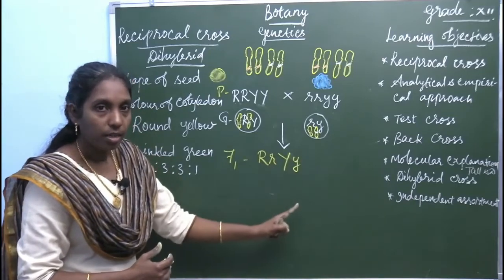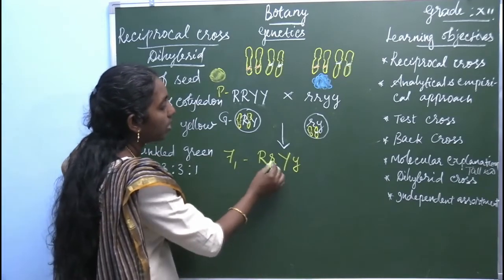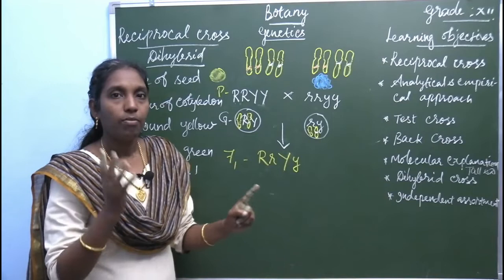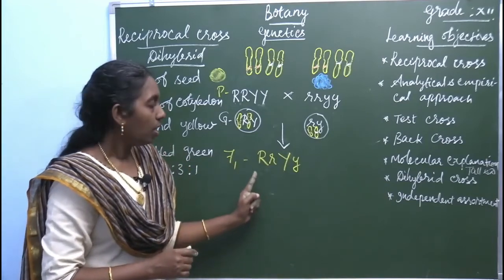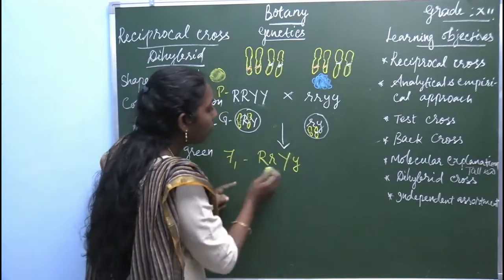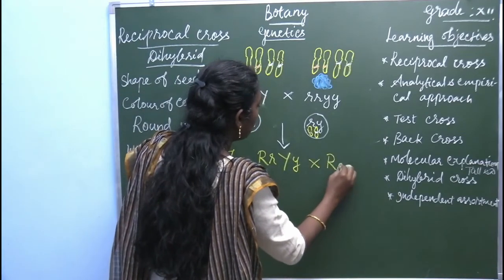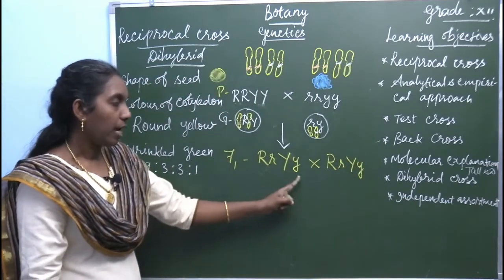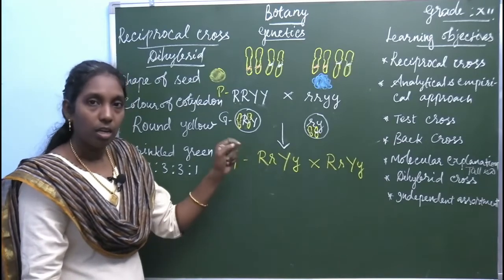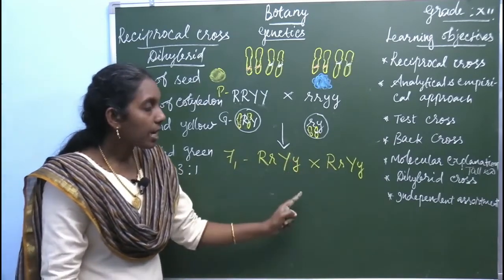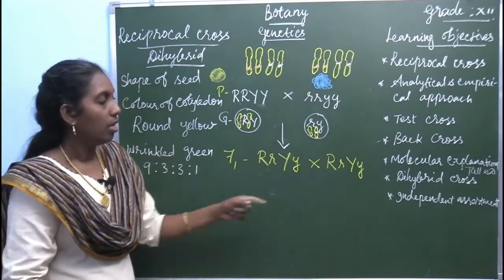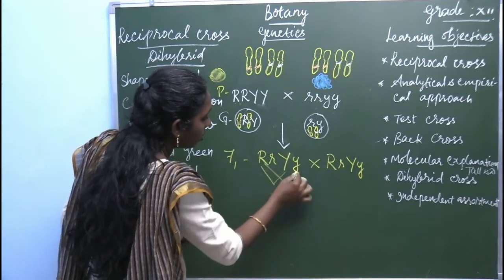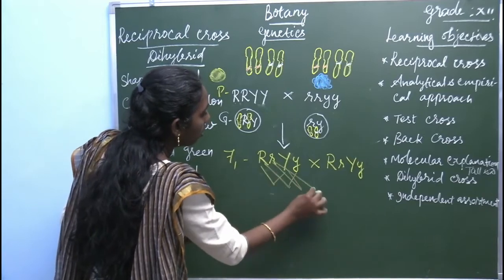All combinations are here, in this F1 generation. This F1 generation contains all the combinations of genes. Four possible combinations are present. Here, this F1 generation is self-crossed, with capital R, small r, capital Y, small y. In a hybridization experiment, F1 is a hybrid, and this hybrid is crossed with another hybrid. So what are the possible gametes here? Capital R capital Y, capital R small y, small r capital Y, small r small y.